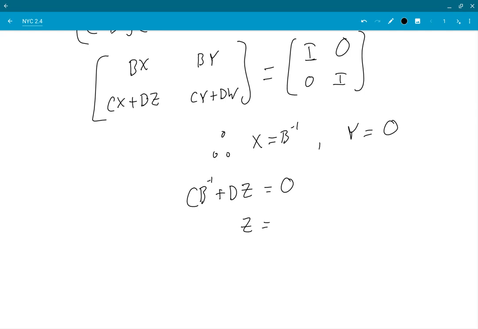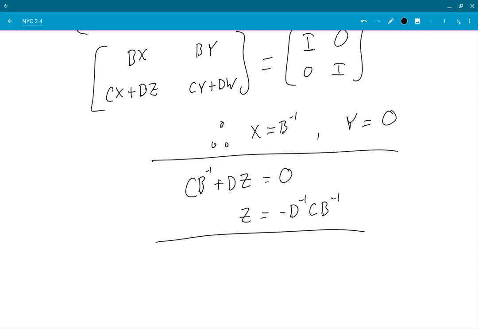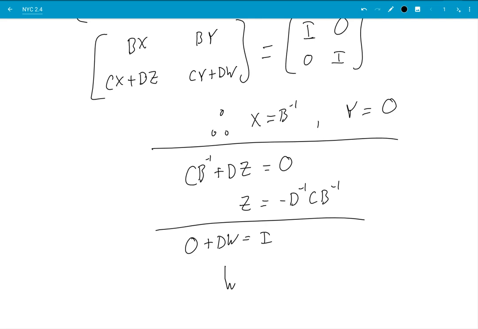Z is equal to negative D inverse C B inverse. And then finally, C times 0 plus Dw is equal to the identity. So W is D inverse.